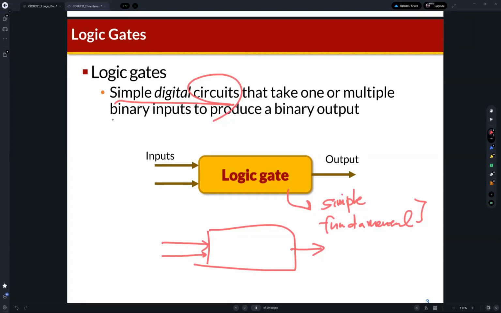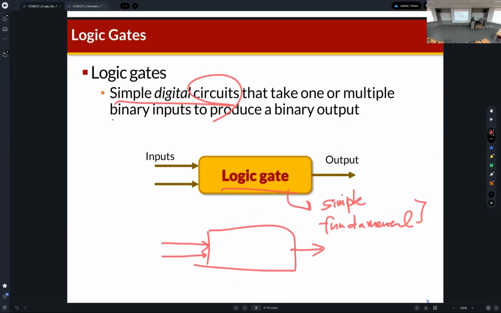So a logic gate receives very simple binary data. In this slide, you can find that it's a simple digital circuit, right? And this circuit just receives one or multiple inputs, which means 1 or 2 or 3 or even 4.